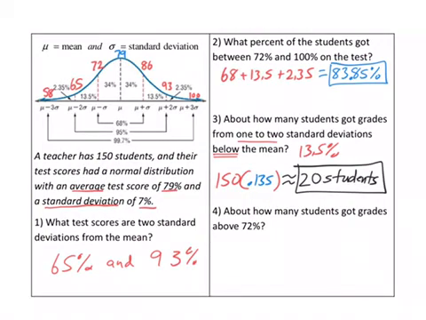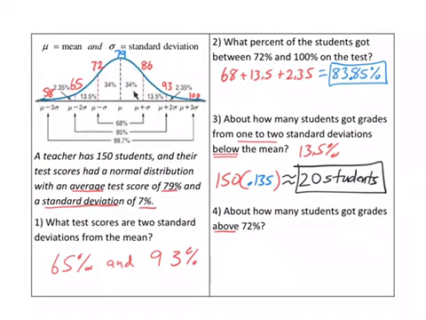Last problem. We want above 72%, number of students. So 72% is right here. Above that means all of this, all the way to the end. So if I want to add up all those percents, well, from the mean over, since the mean and the median are equal, and since the median is the middle, won't this be 50% all of that?